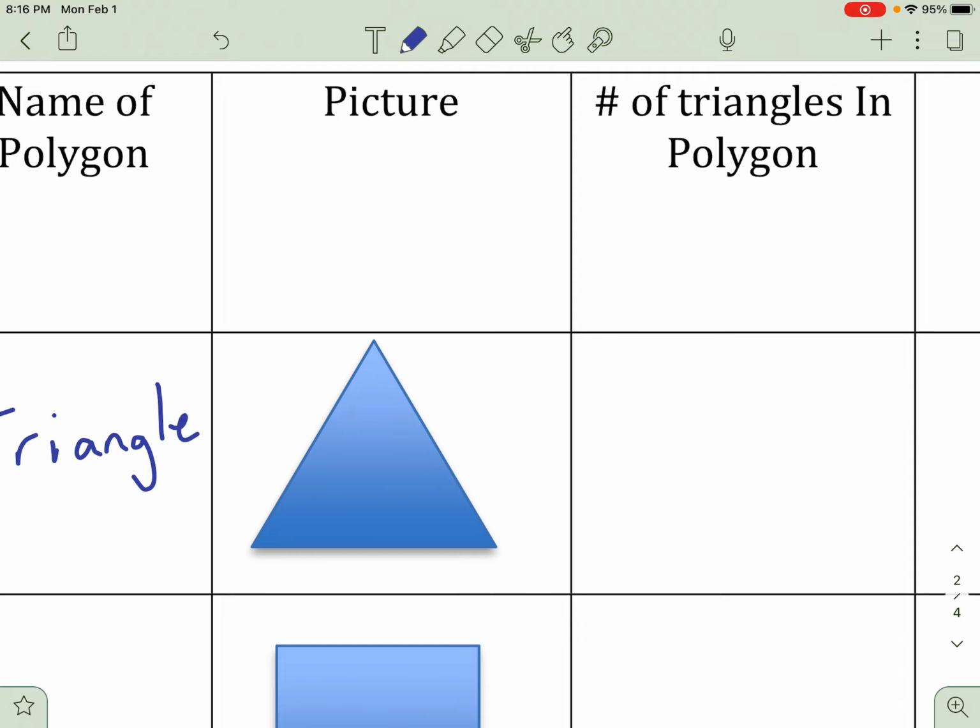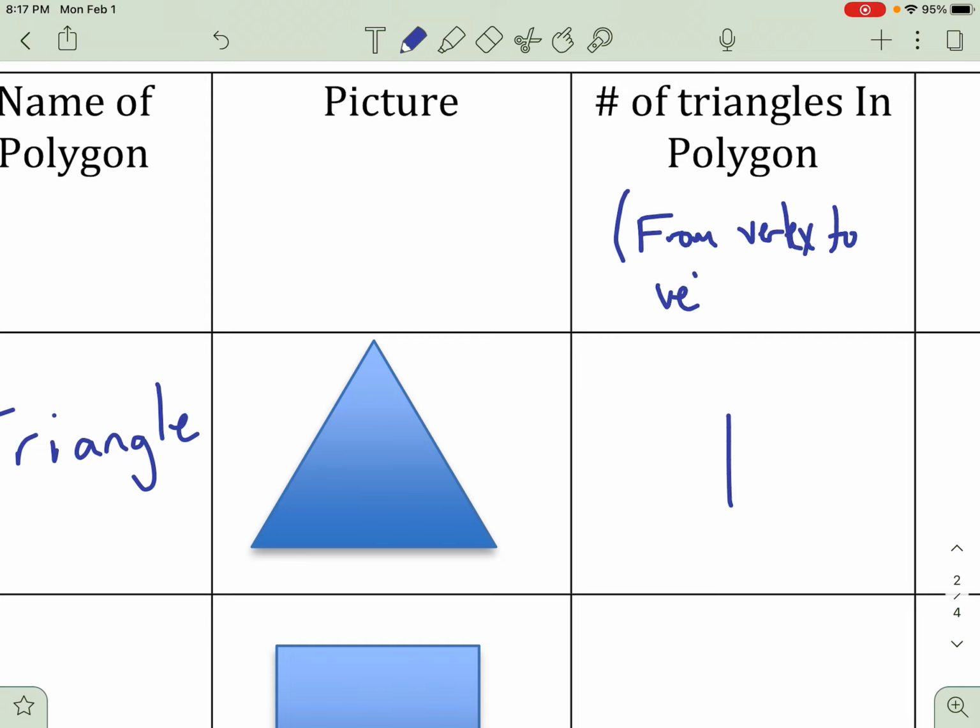Okay. Number of triangles in a polygon. Well, we know that this makes up one triangle. Now, what we mean by that is from vertex to vertex.